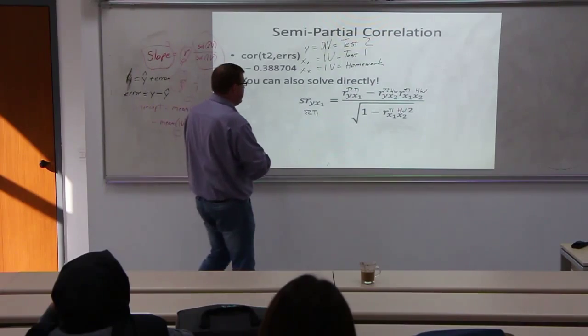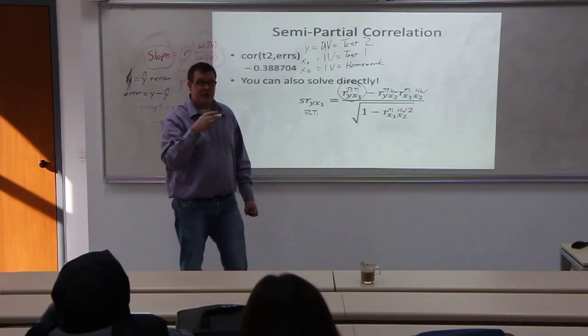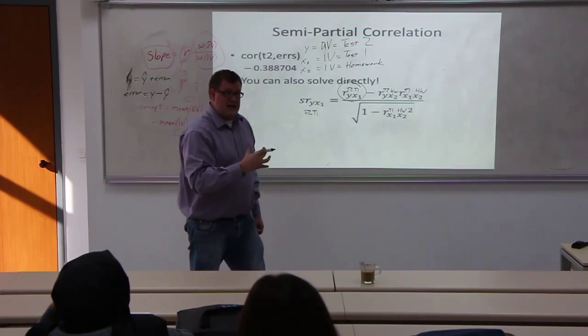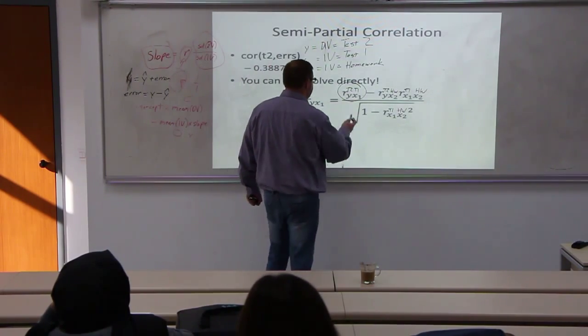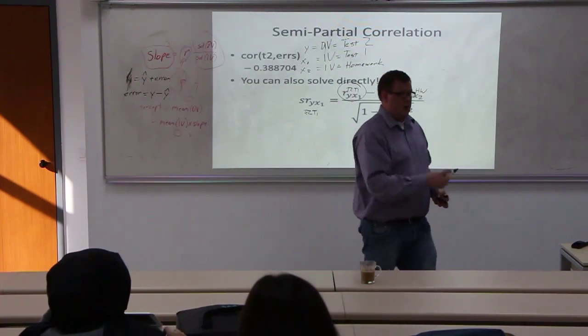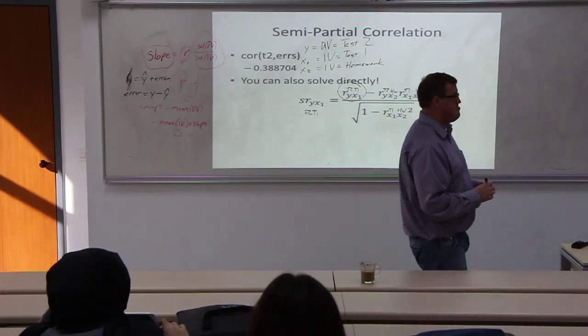So this is the raw correlation between test 2 and test 1, right? But we are taking out of that variations in test 1 that are explained by the homework. Where does the correlation of T2 and error fall in this?